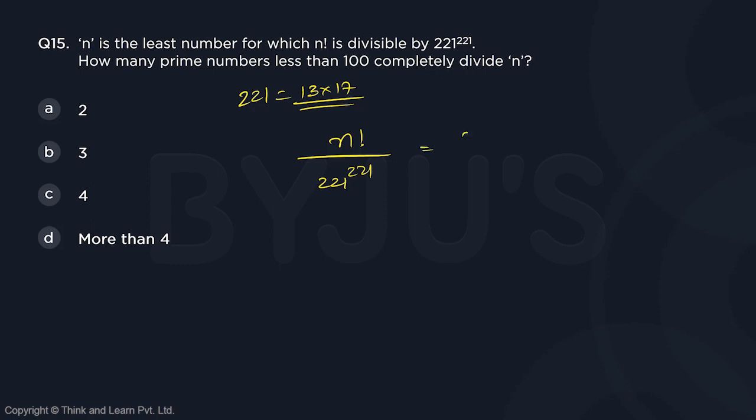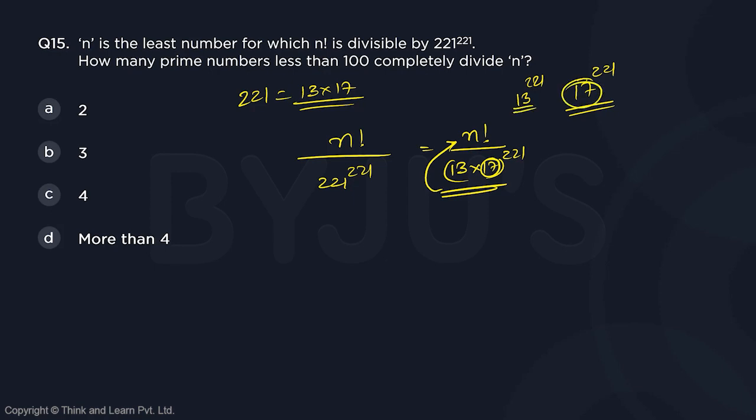So I can write this as n factorial divided by (13 into 17) to the power of 221. Now if this number is dividing your n factorial, it means all these 17s should get cancelled. Remember, in an n factorial, if 17 to the power 221 is taken care of, automatically 13 to the power 221 will be taken care of, because there will be more 13s than 17s.